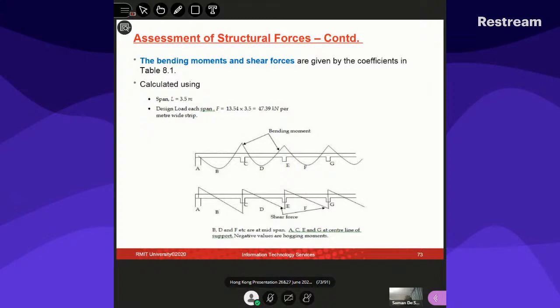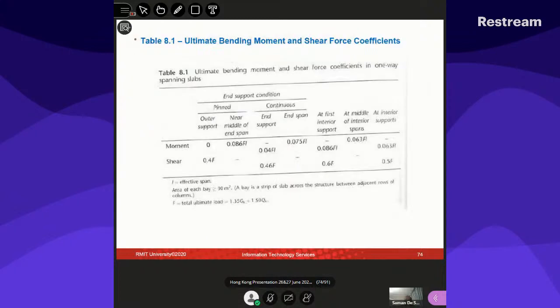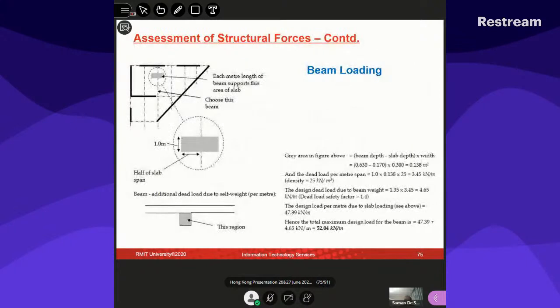But in order to do that, either through a simplified method or through a computer program, you need to know what the bending moment diagrams and shear force diagrams are, and then you know what to do with it. As I said, my interest in this one is not teaching you concrete design, but how concrete design knowledge can be used for complex design problems.